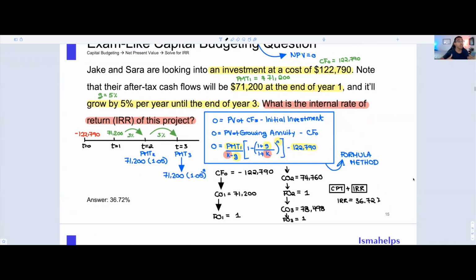We couldn't just plug in the values one by one or use the FO1 function for 3 years. We had to solve for the cash flow for year 1, which we already had, cash flow for year 2, which is times 1.05, and cash flow for year 3, which is times 1.05 to the power of 2.